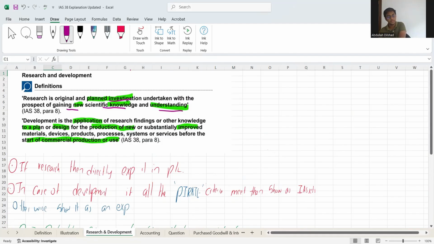In terms of development, it's the application of your research. Whatever new knowledge and understanding you gained in your research, when it is applied, that is called development. Using that knowledge, you will design a new product and start to commercially produce or use it. The implementation of the knowledge we gain through research is known as development.